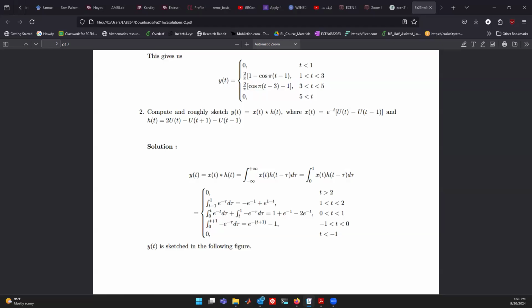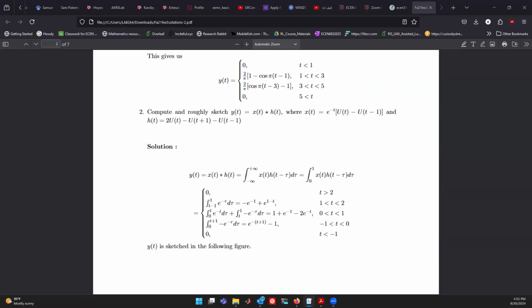Now looking at x(t), it is only non-zero between 0 and 1. So clearly the integration limits will be just from 0 to 1, and then we need to find the ranges for t and do the integration over those ranges. So this will be the integral from 0 to 1 only of x(tau) h(t minus tau) d tau.